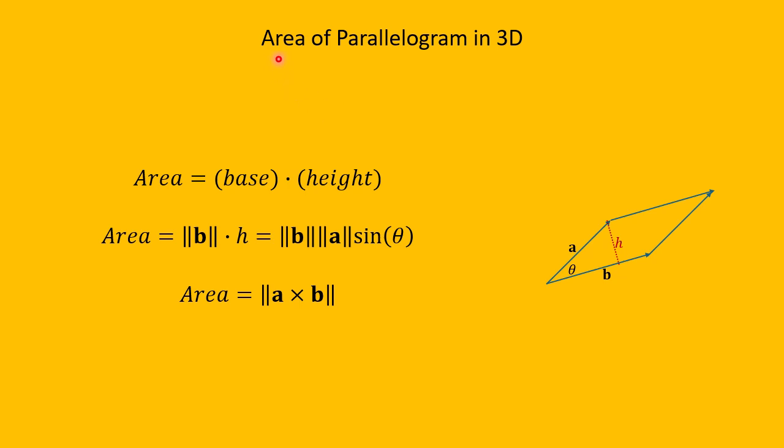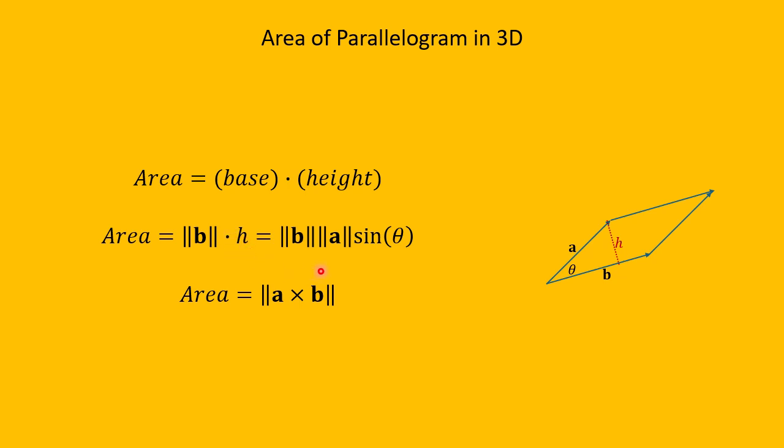So let's remember the formula for the area of any parallelogram. The area of the parallelogram is equal to the length of the base times the height. In this picture, we can think of the length of this vector B as being the length of the base, and the perpendicular height is labeled h. So the area is the norm of B times h, the height.